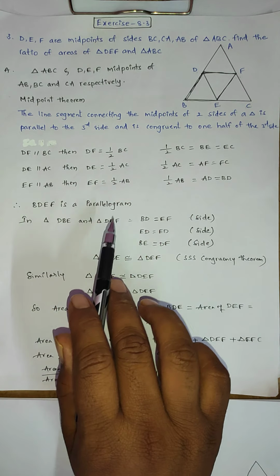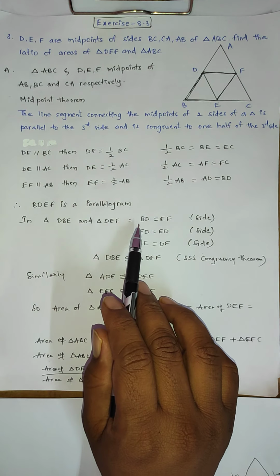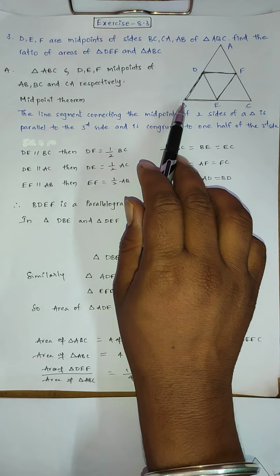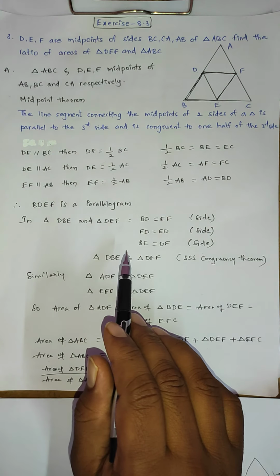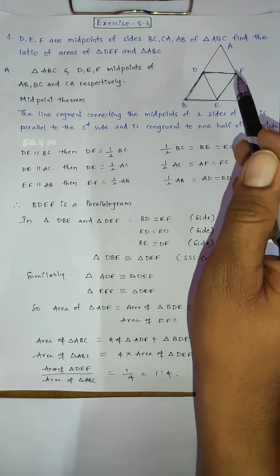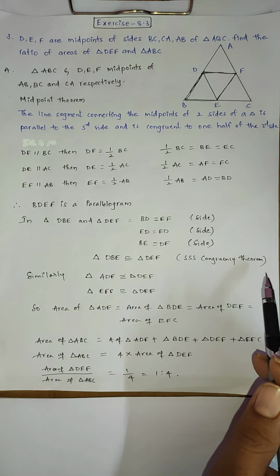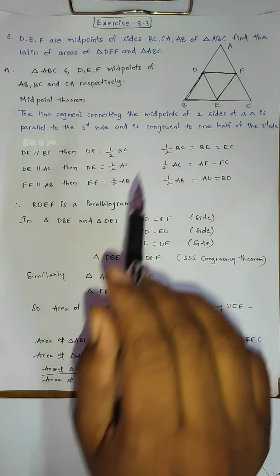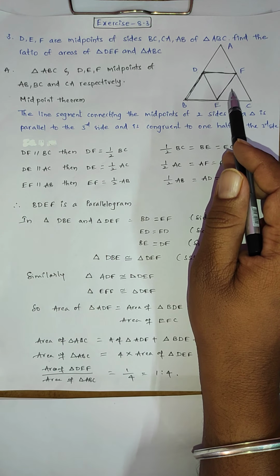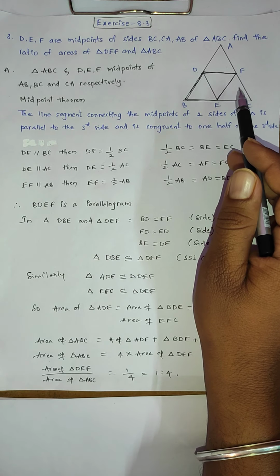In triangles DBE and DEF, BD is equal to EF, and ED is a common side in both triangles, 2 sides equal. Using the SSS criterion, these two triangles are congruent, means same shape, same size.